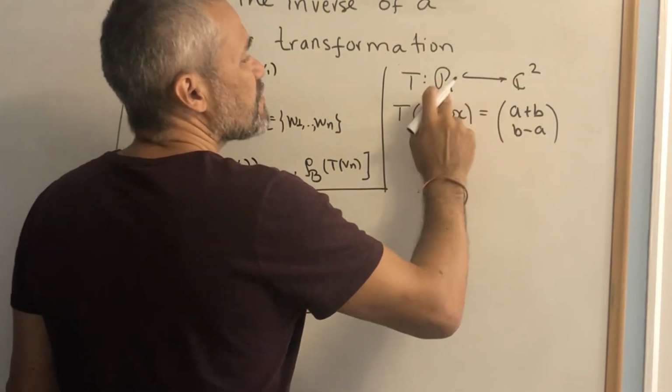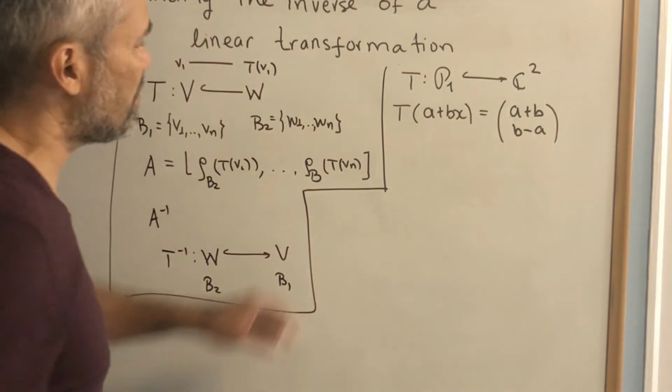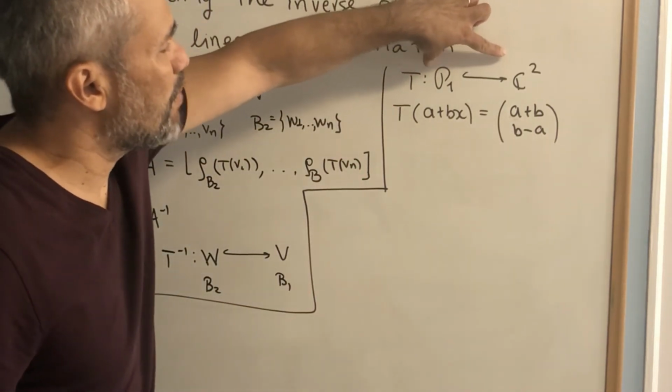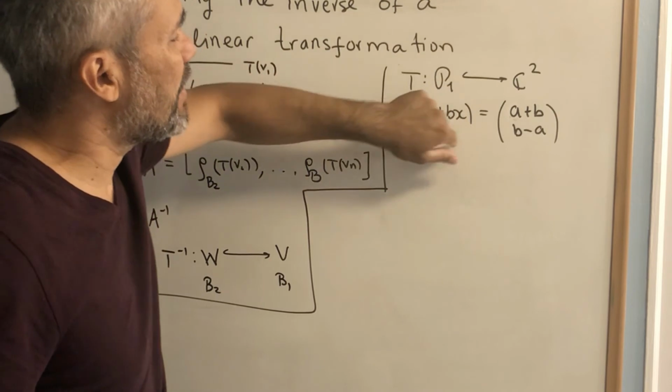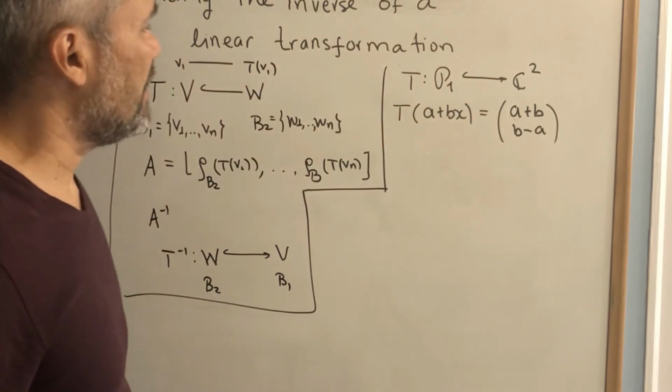Then we pick a basis for these two spaces. Any basis will work, but the easier the basis, the better the way to find the inverse.